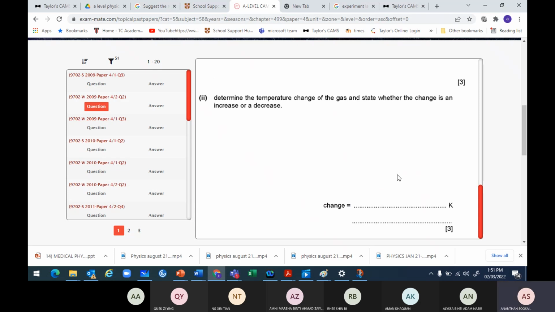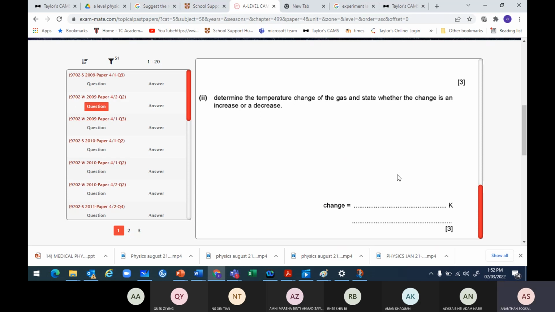The initial temperature, final temperature. Anybody? You know the number of moles. You know the initial pressure, final pressure. You know the initial volume, final volume. You're asking for the change in temperature. Any formula comes to your mind? Anybody? This is the ideal gas formula. What formula?